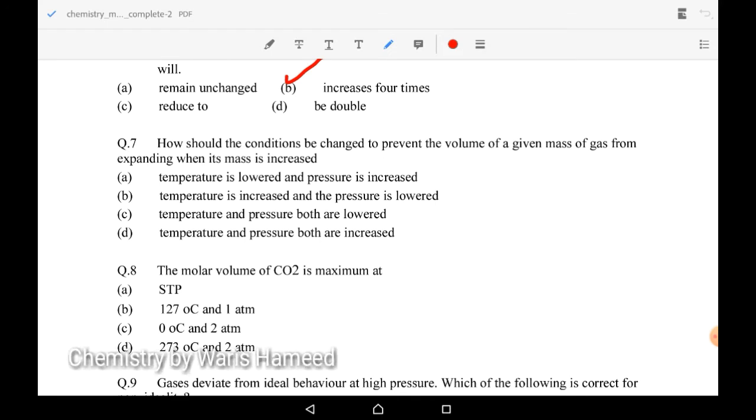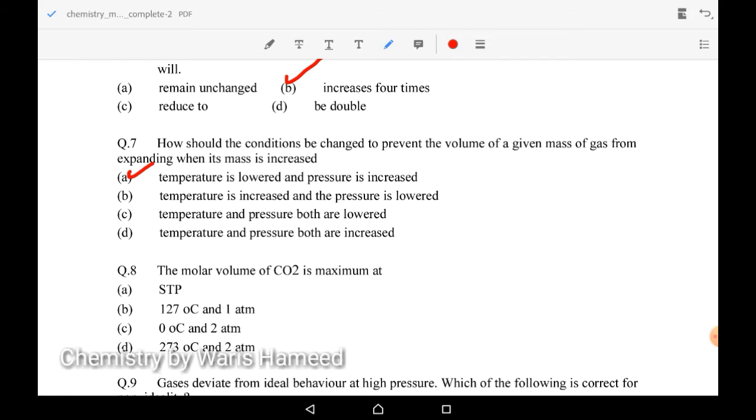Then you have to decrease the temperature and increase the pressure. You have to apply these two factors on the gas container. Here the first option is correct. Temperature is lowered and pressure is increased.